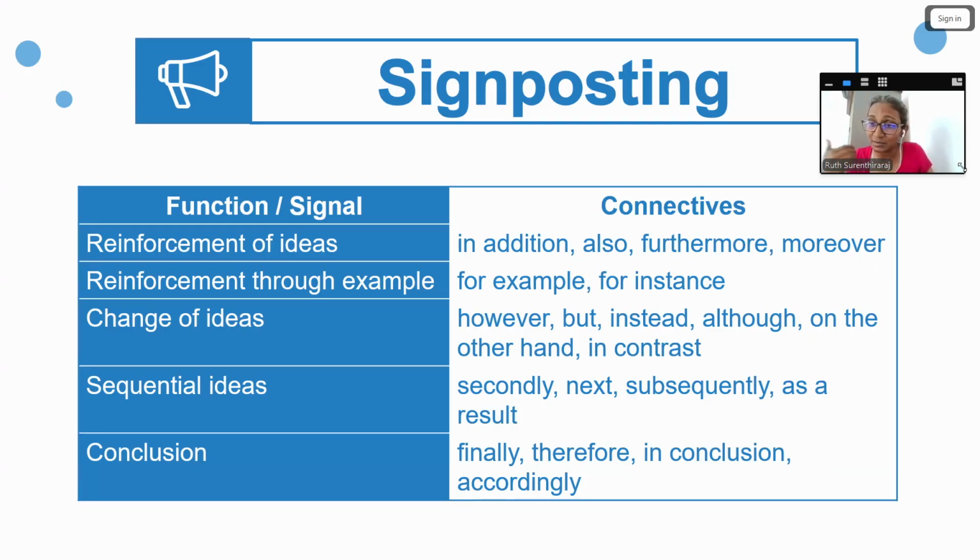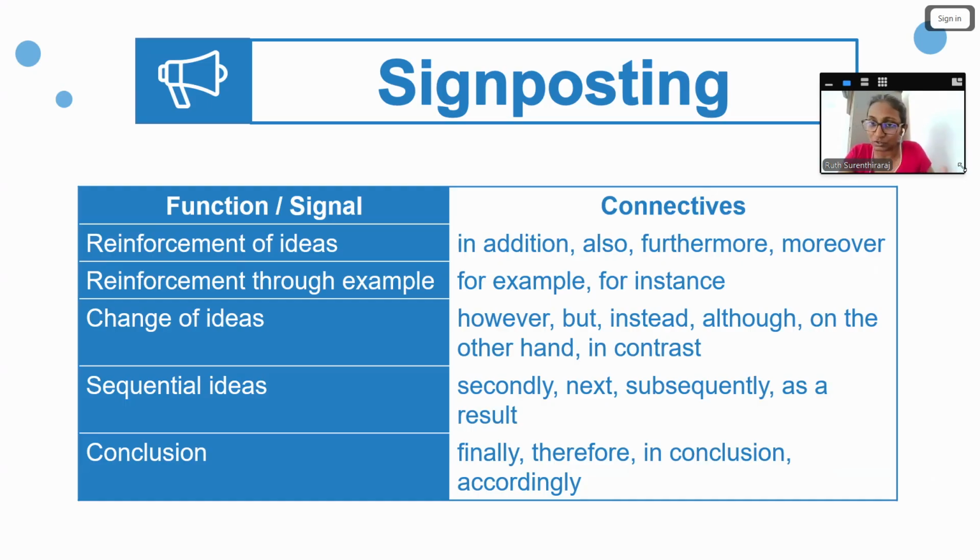So how do I tell my reader that in my 4th sentence I'm going to talk about an example? I will use the words, for example. For example is the signposting device which tells my reader, okay, the first 3 were explanation sentences, and this one is actually looking at an example specifically, right?